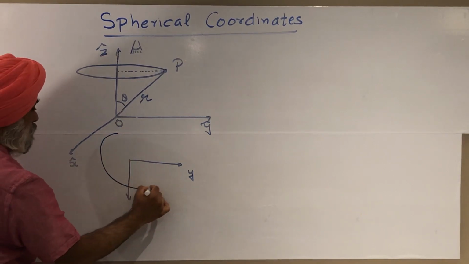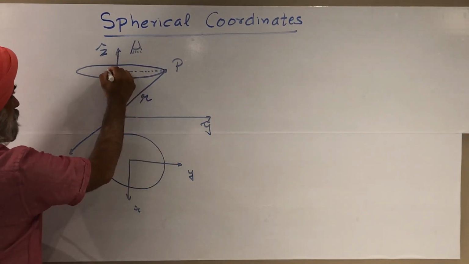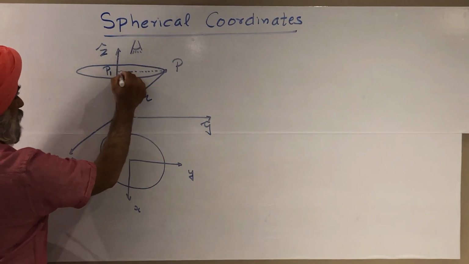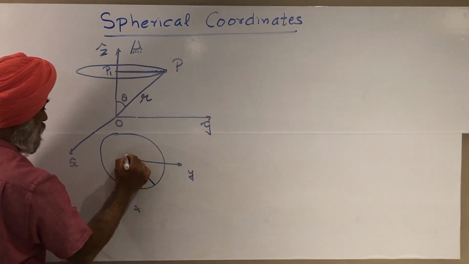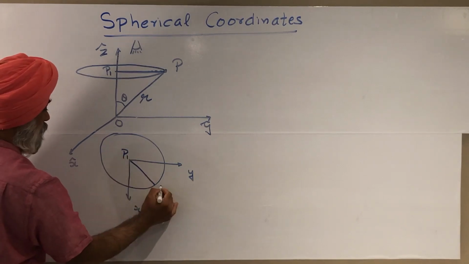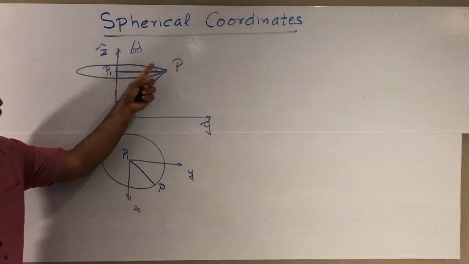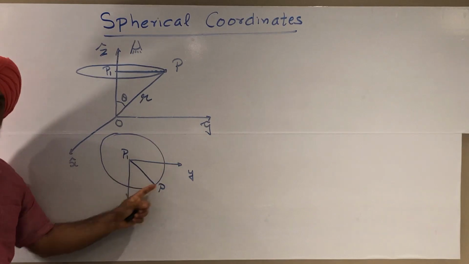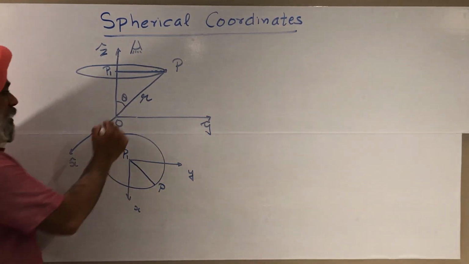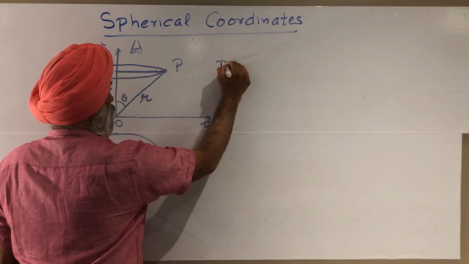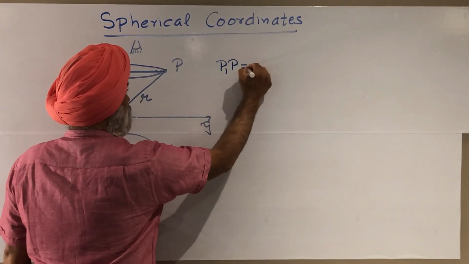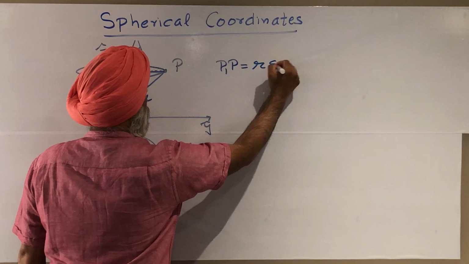and that circle makes a radius of P1P. So this is the radius which I have on the circle which is being made over there. Again, this is a right angled triangle. So P1P is simply r sine theta.